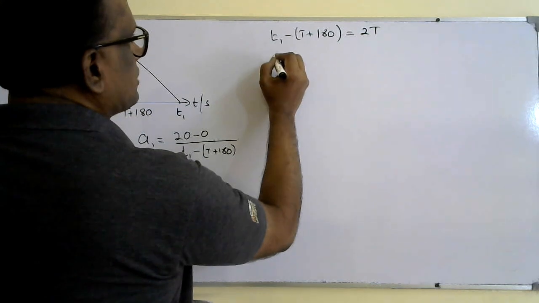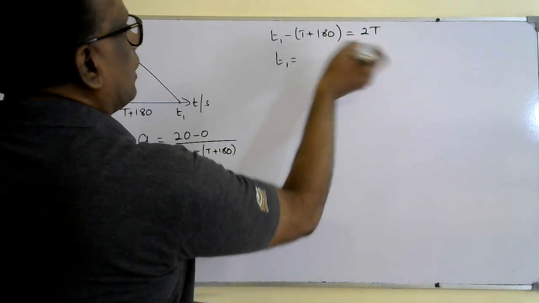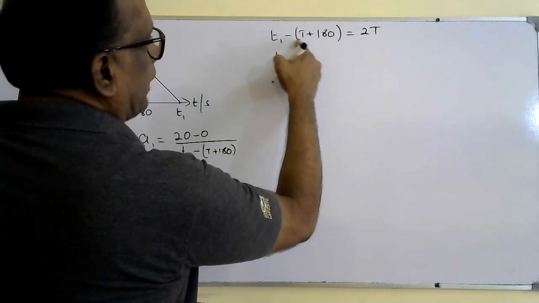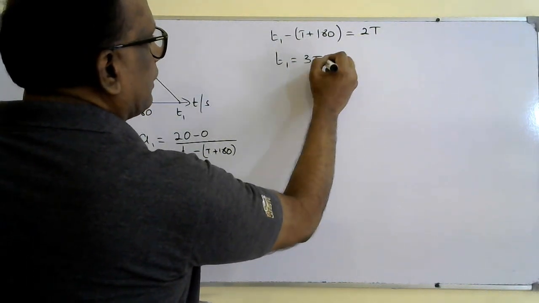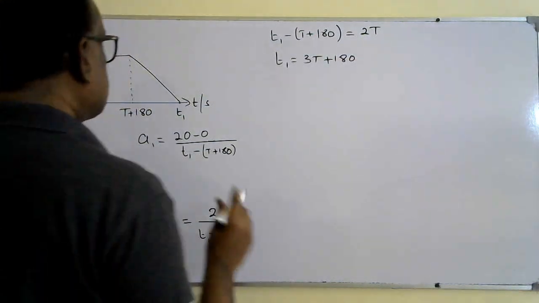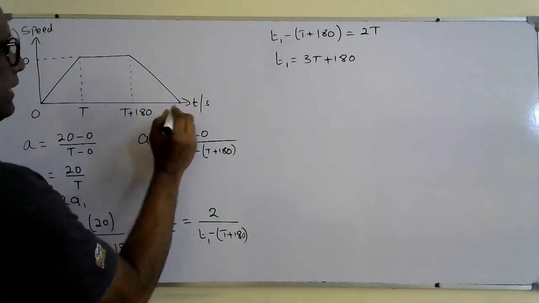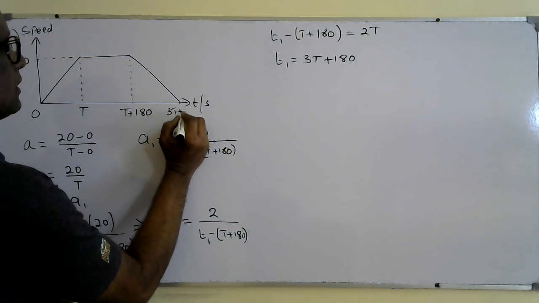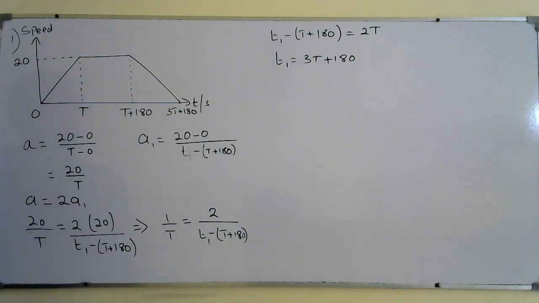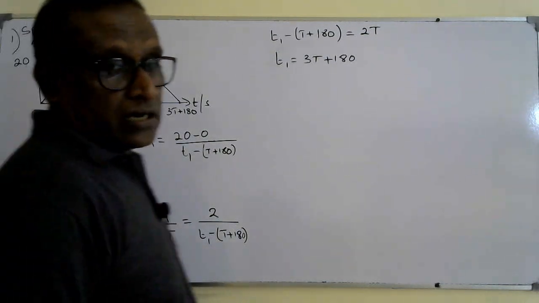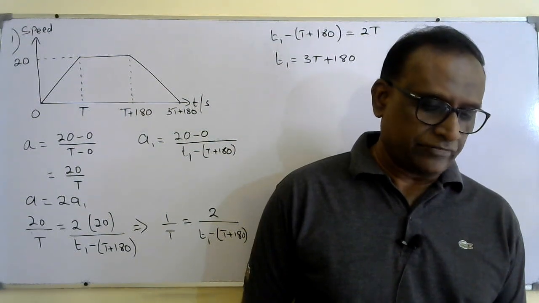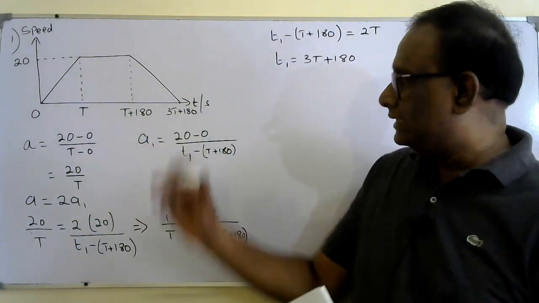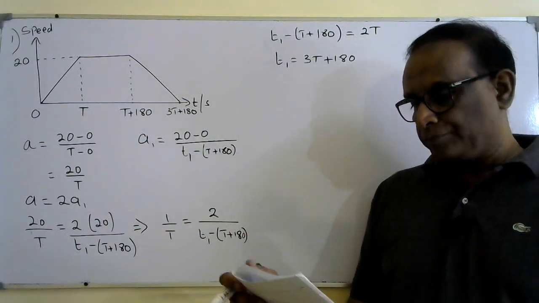Now we'll find t1. Take it to the other side: t1 is equal to t plus 2t, 3t, plus 180. So t1 is 3t plus 180. This is the graph with the values, the time in terms of capital T. They asked to sketch the speed-time graph on the axis below, which means you have to put the time correctly here, which is 3t plus 180.